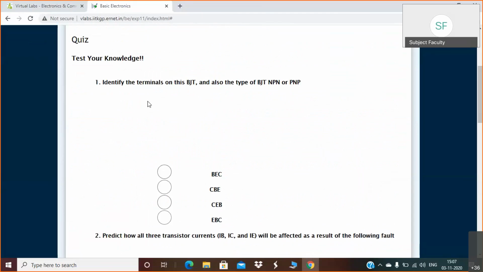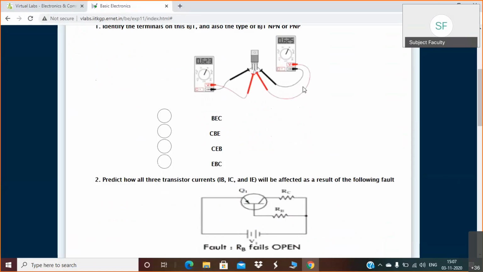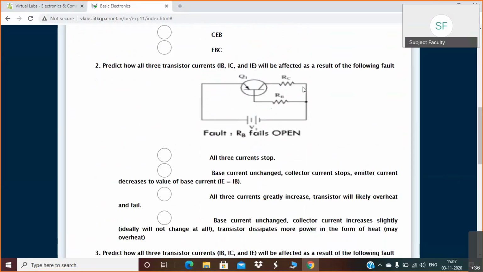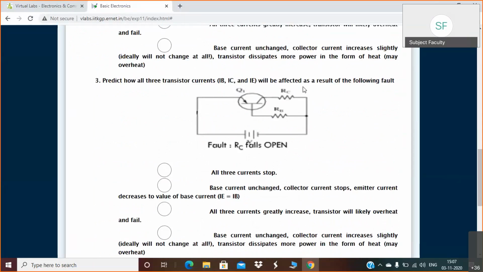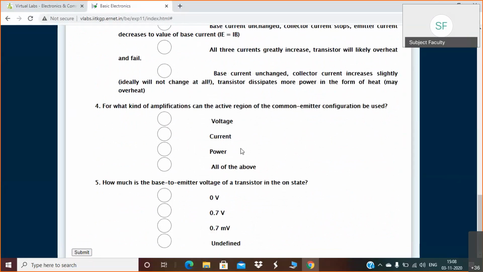So now first question is, you can observe, identify the terminals on this BJT and also type BJT NPN or PNP. So you can go through this particular quiz as well. There are 5 questions. Okay, you can also go through that.